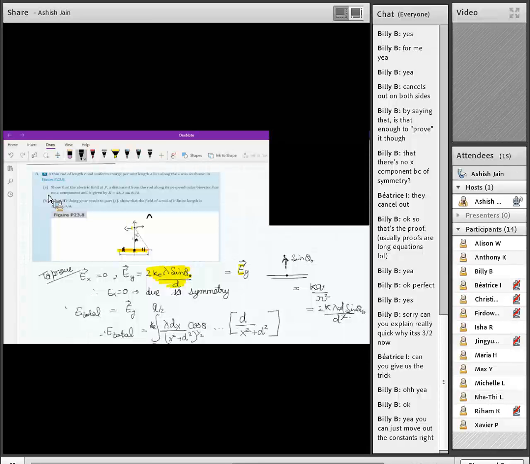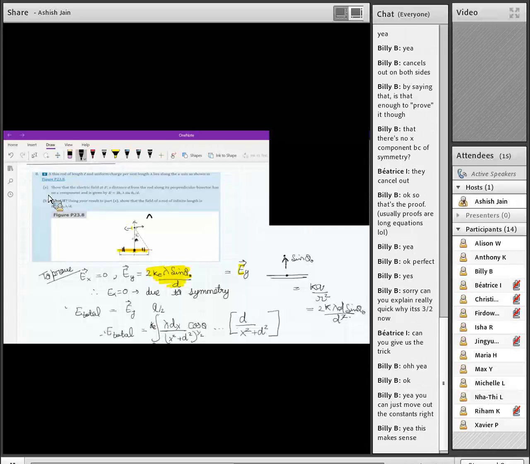And 2 for, because the length is 0 to L by 2 and 0 to minus L by 2. That's a compelling argument, right? That's called intuition. You know what the answer should be before doing it.